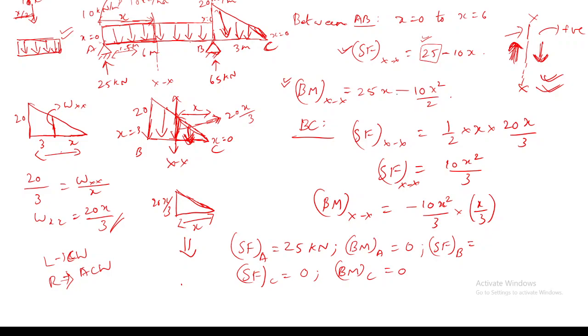Here, when B is considered as part of AB, we get a shear force by putting x equals 6. At that time, what shear force am I getting? Minus 35.